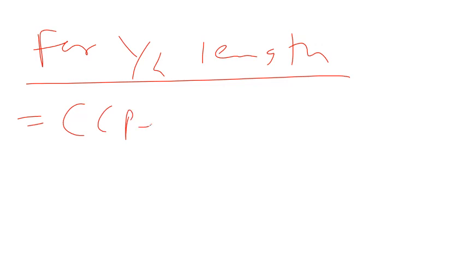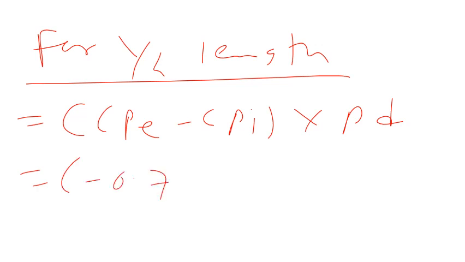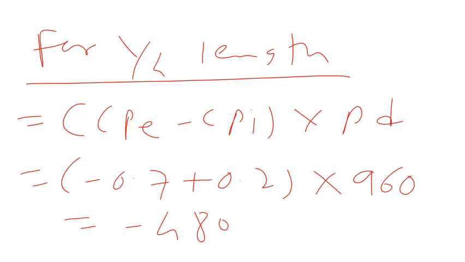So for 1/4 it is CPE minus CPI into PD. Take this as minus 0.7, that is for 1/4. Take the value of the internal pressure coefficient as plus 0.2 and multiply it by 960. So this will come to minus 480 Newton per meter square, that is upward, because the direction is negative.